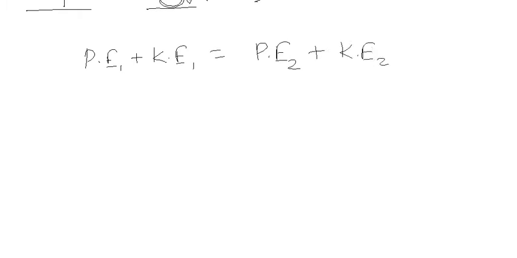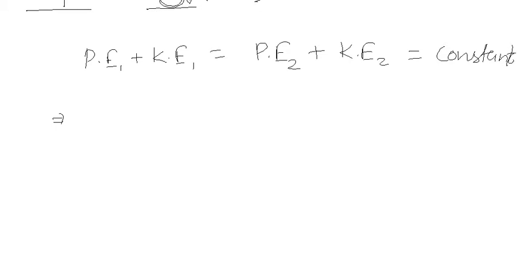So for mechanical energy we can write: potential energy 1 plus kinetic energy 1 is equal to potential energy 2 plus kinetic energy 2, or say it is always constant or conserved.